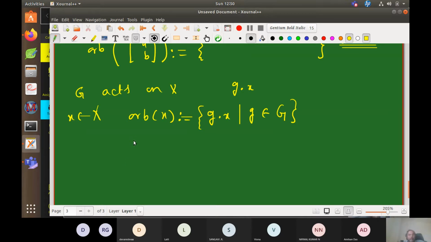And there is another thing. Given x, I am creating a set, but it is very democratic. For a given x, it gives one subset of X, and it also gives one subset of G. Somebody can guess it. Stabilizer. You already know. The stabilizer of x.